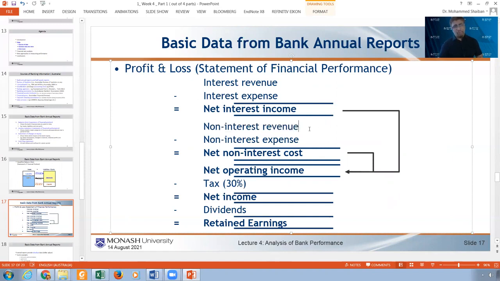We can have an investment outside, a trading outside, or a revaluation of our assets. So it's non-interest. Then we have non-interest expenses, then the operating and the tax, and this is the income statement.